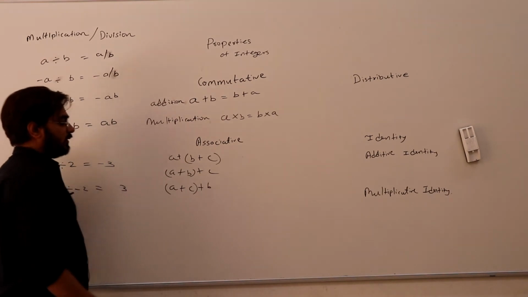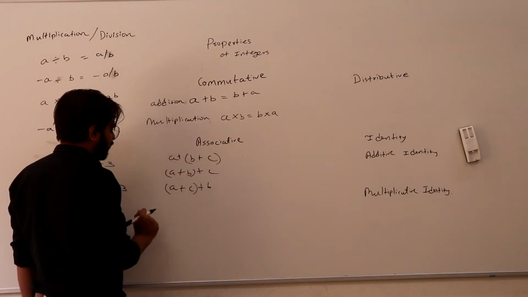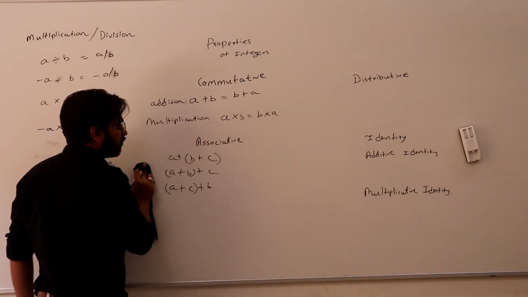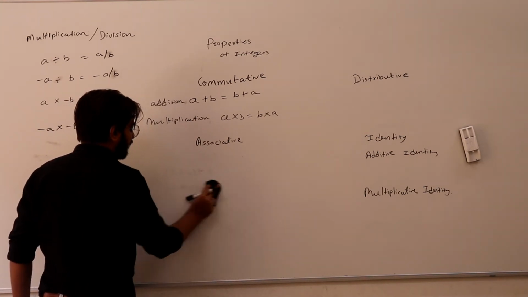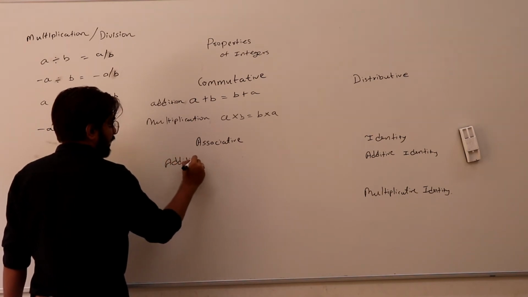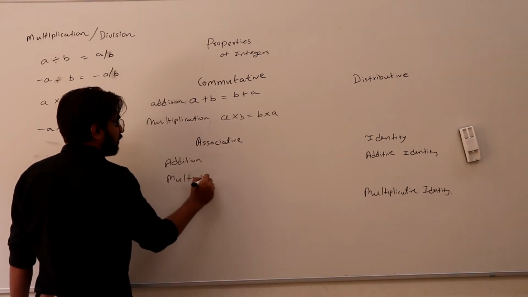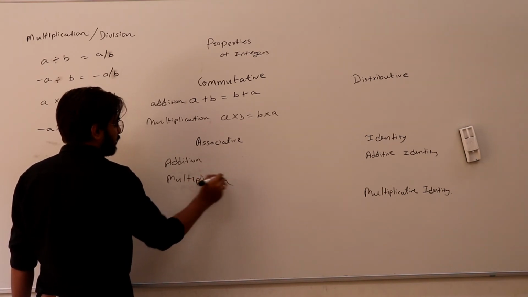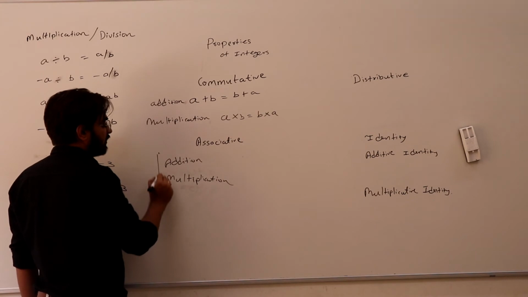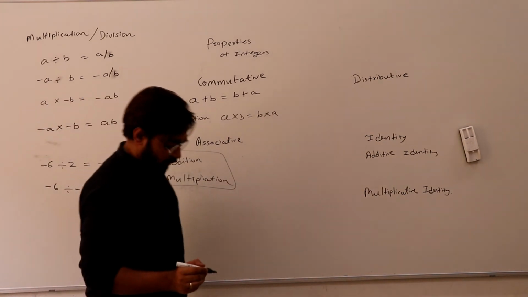The answer should remain the same. You can check for yourself as well. So it's the same for associative as well: addition and multiplication will follow the associative property, and division and subtraction do not follow the associative property.